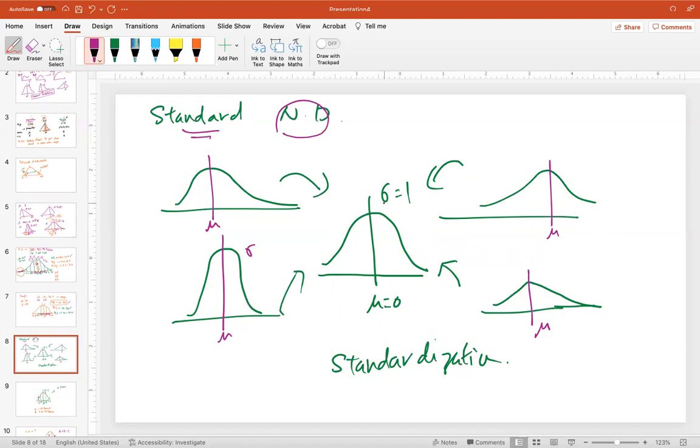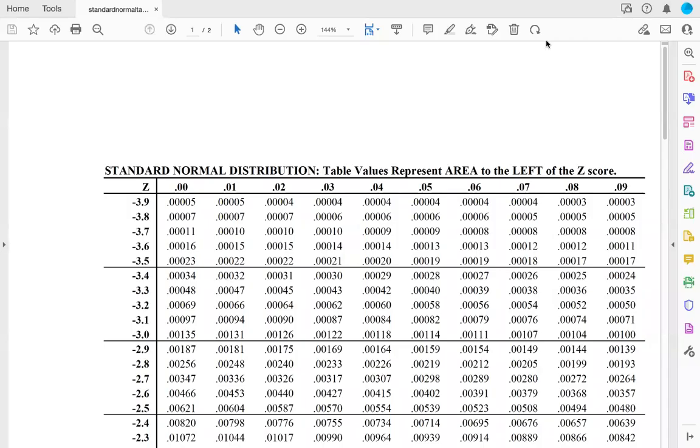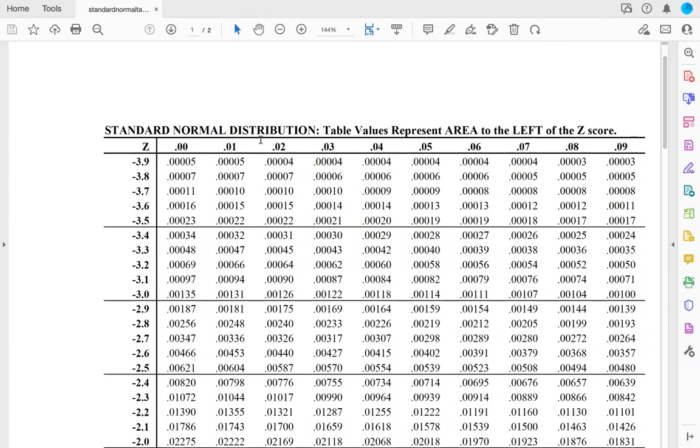Why we do that is because there is a table. When we convert into the standard normal distribution, we can refer to the standard normal distribution table to further find our actual probabilities. How to do that, I will show you at the next step.